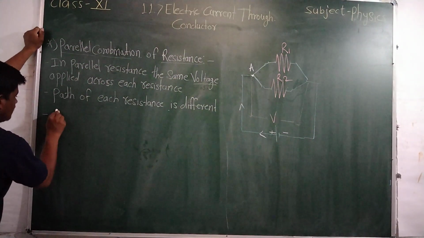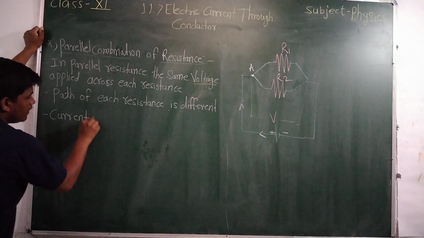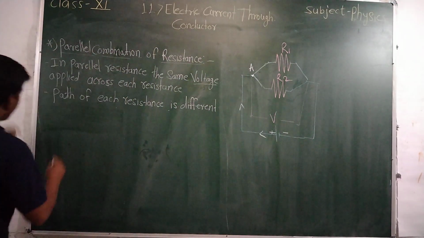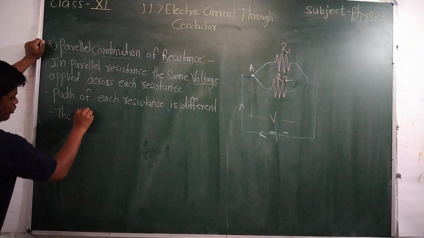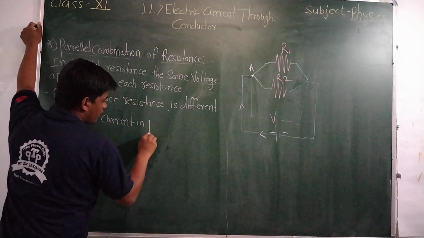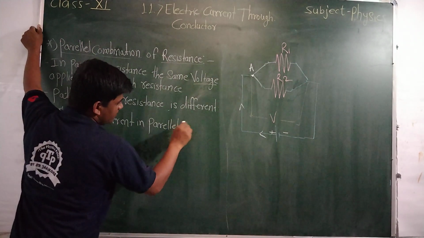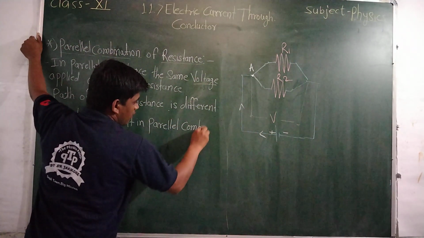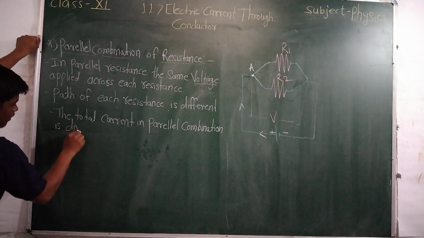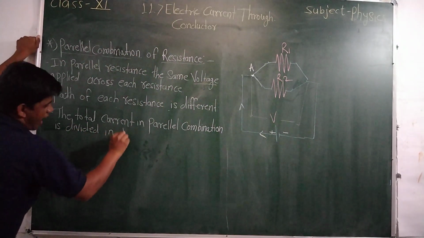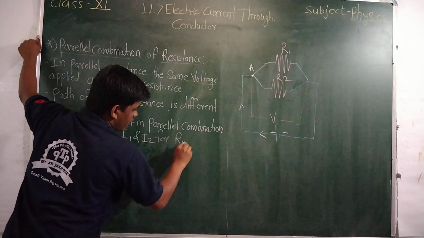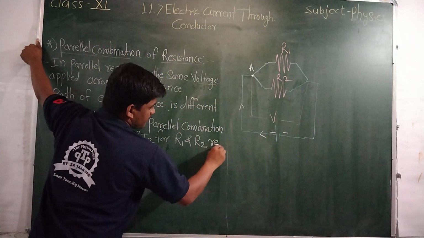And the third point: the total current in a parallel combination is divided into I1 and I2 for the resistors R1 and R2 respectively.